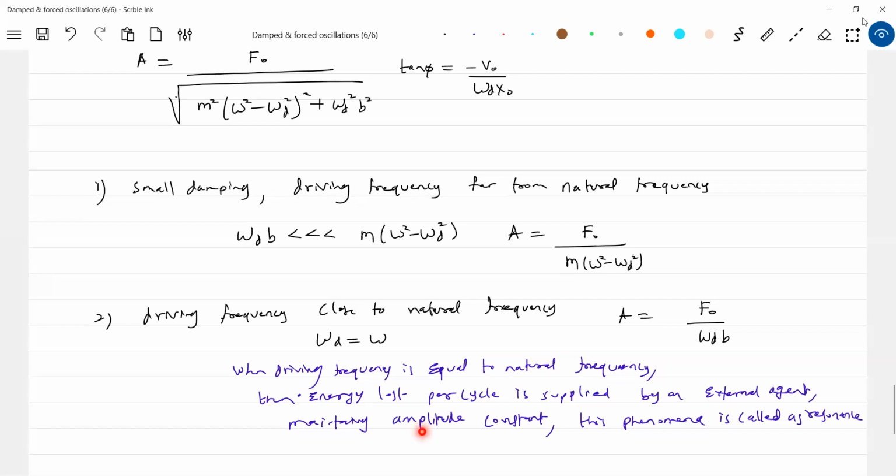Maintaining the amplitude constant, I'm telling. Here, amplitude constant in the sense that the amplitude increases and becomes some fixed, appreciable value. That particular phenomenon is called resonance here.